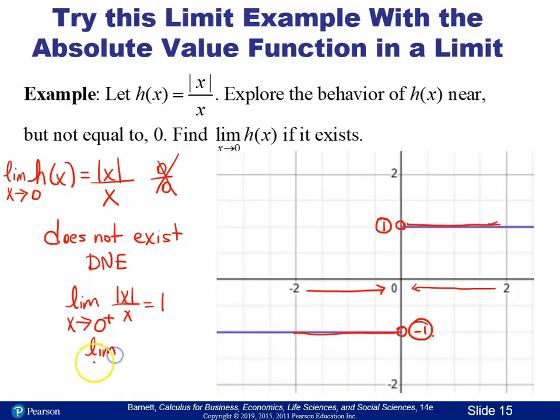The limit as we approach from the left side, that's going to be this -1 down here. But then the limit as we approach 0, where we don't specify a direction, would be equal to does not exist. So it really depends on, are you only looking at the right side, are you only looking at the left side, or are you looking at both sides?